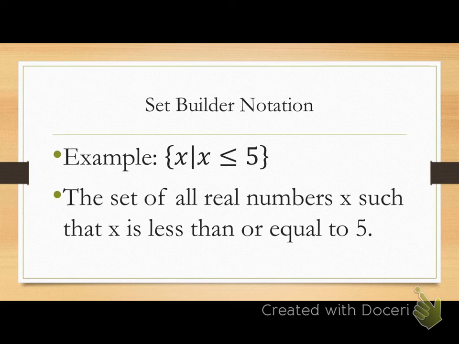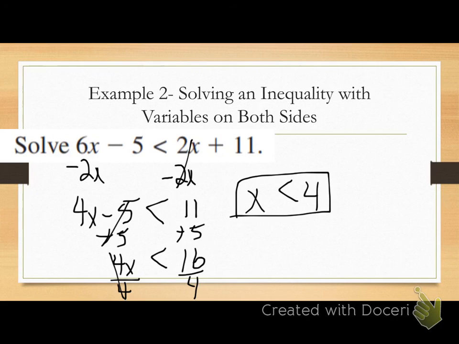So, this is how you would read the example. The set of all real numbers x, this bar right here means such that, x is less than or equal to 5. In my examples, I could have written it in set builder notation.